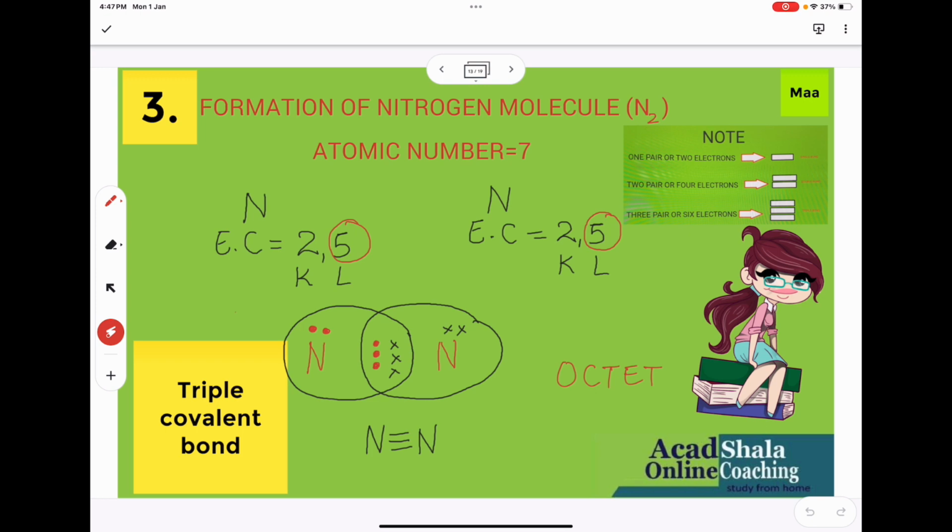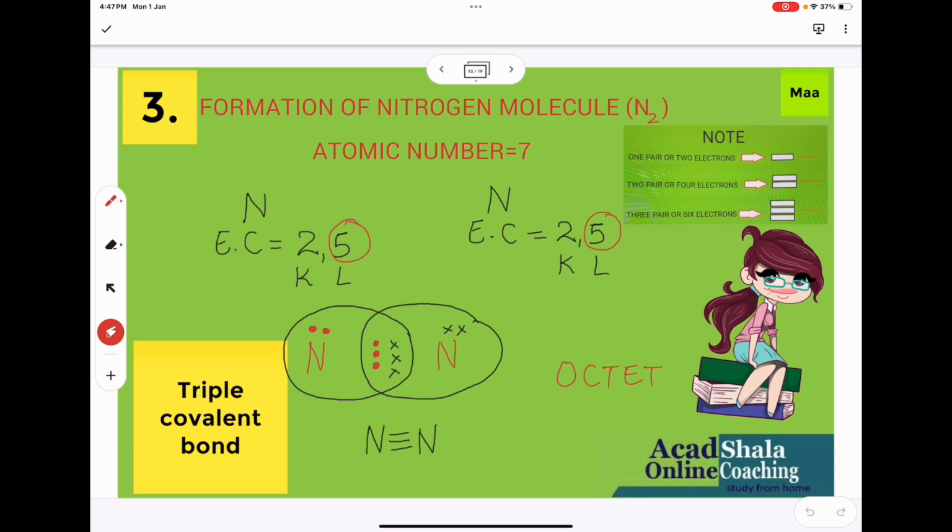Now, for example, we have taken the example of the nitrogen molecule. Nitrogen contains 5 electrons in its valence shell, as you are seeing over here. And it requires how many electrons? 3 electrons to acquire what?